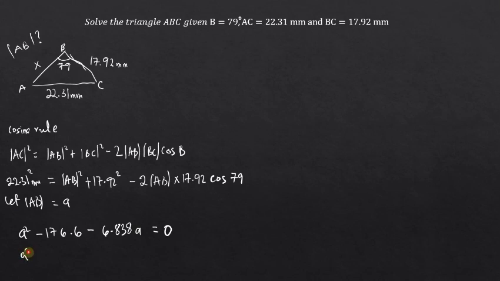So we'll have a squared minus 6.838 a minus 176.6 equal to 0.